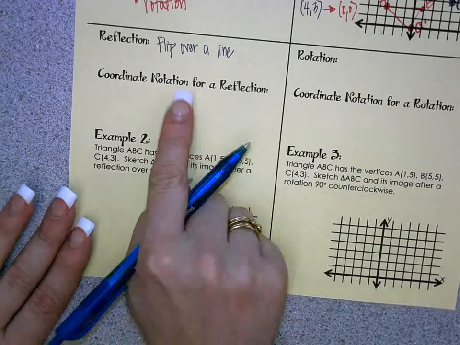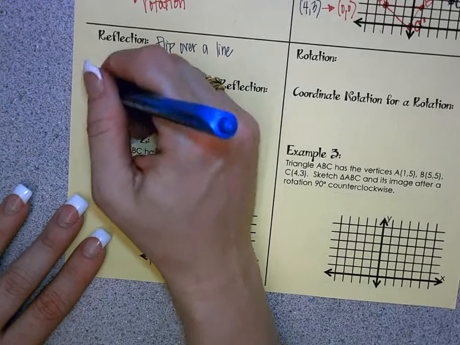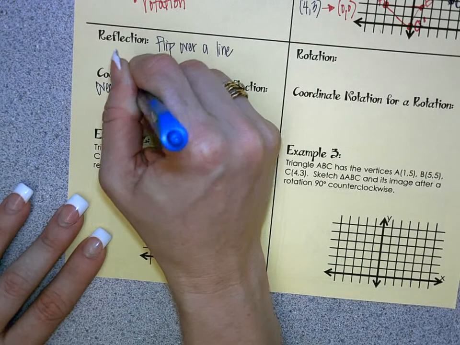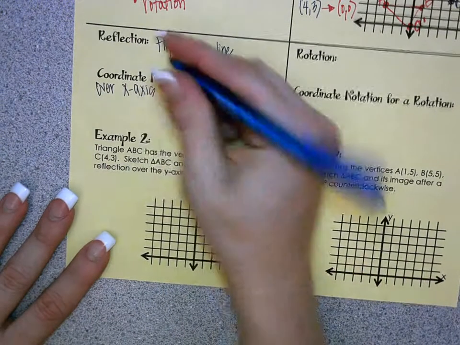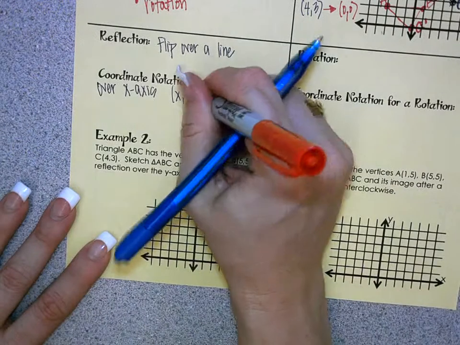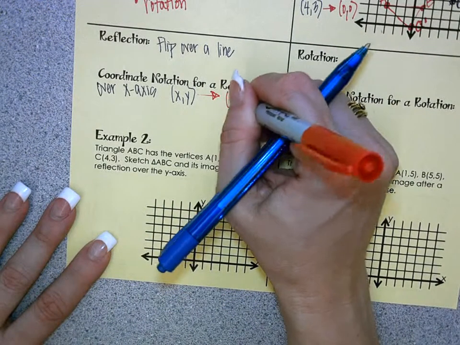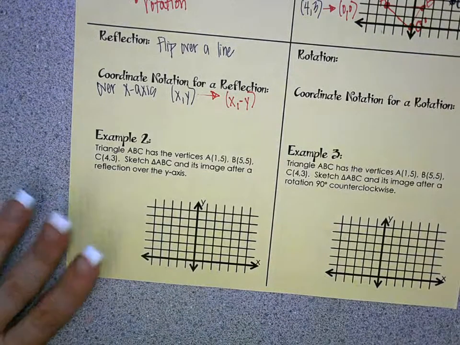Okay, so coordinate notation for a reflection. If you are flipping over the x-axis, your coordinate notation is going to change from x, y, and it will become x, -y, if you are flipping over the x-axis.